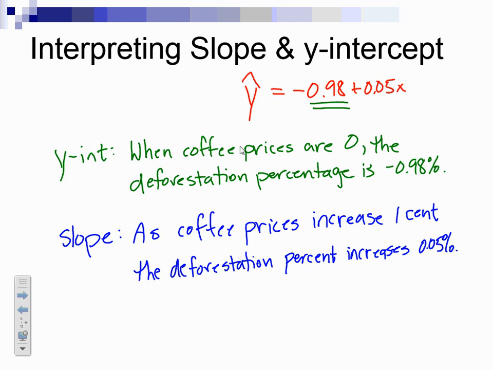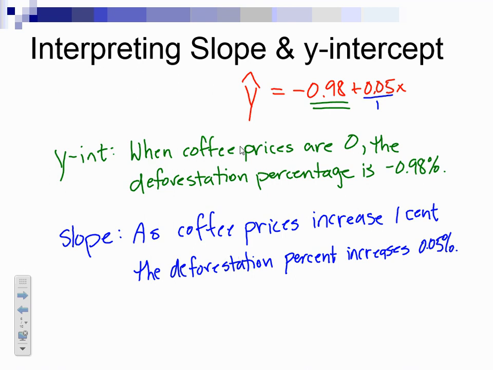So change in y over change in x. 0.05 is representing our change in y. We could put this over 1. That's where I get the 1 cent from. So again, as coffee price increases 1 cent, the deforestation percent increases 0.05%.